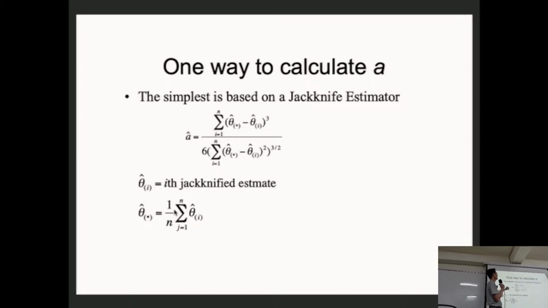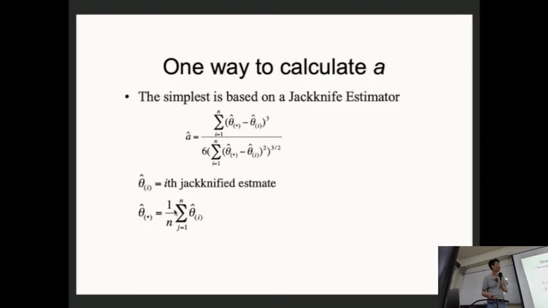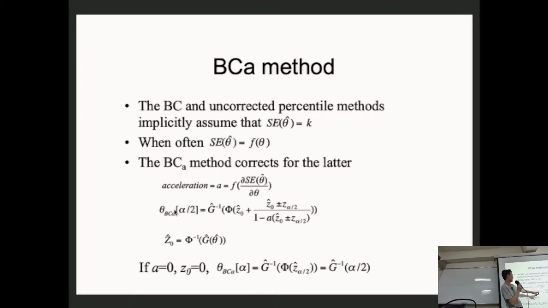So even if you don't understand why we come up with this A, you can always calculate it. That's the bottom line. You know how to generate your jackknife samples and jackknife mean, and then you plug in and you get A.